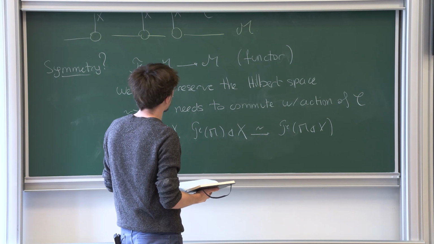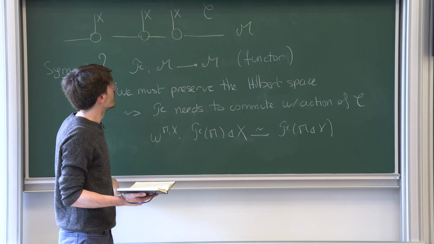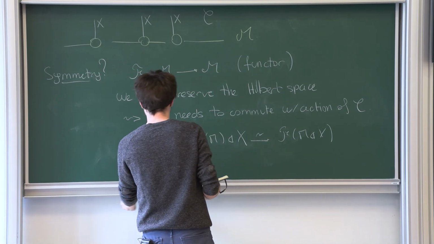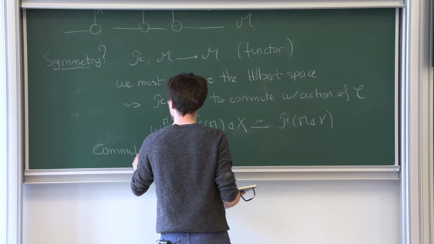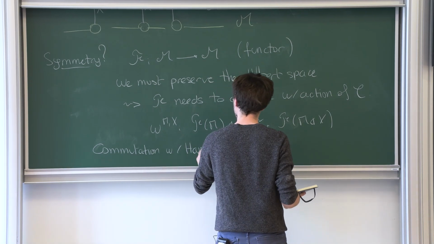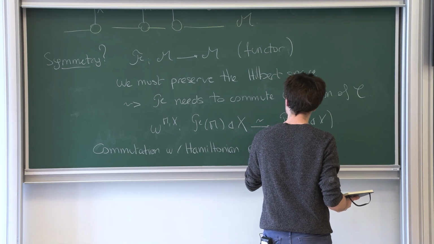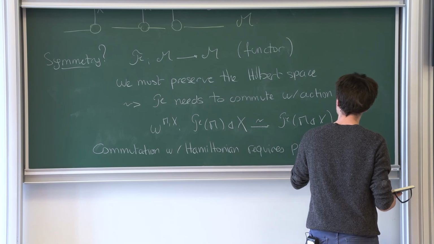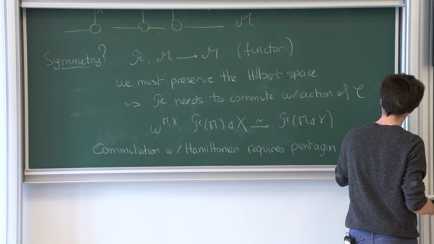So if you have this, then you have a well-defined action on your Hilbert space. But there is no guarantee that it's going to commute with the Hamiltonian. The commutation with the Hamiltonian requires this omega I wrote to satisfy some coherence relation, which is always what we call a pentagon axiom.